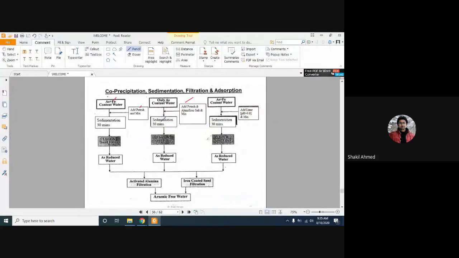So you see, before putting it into the filter, in all cases they have sedimented it. Okay, clear? Hello, clear?